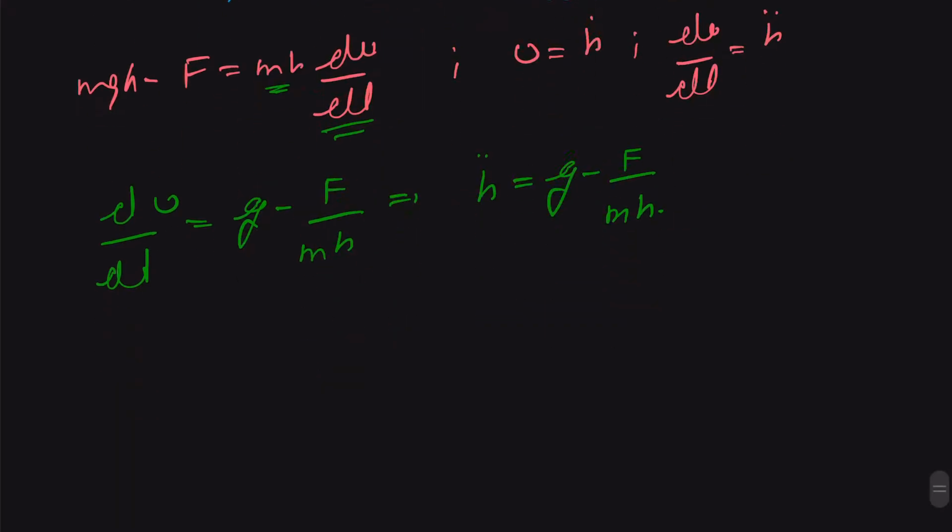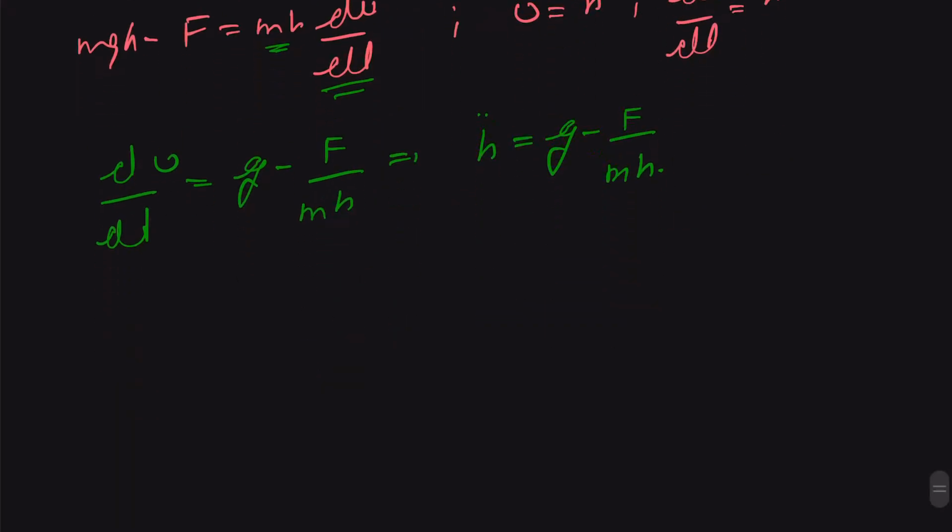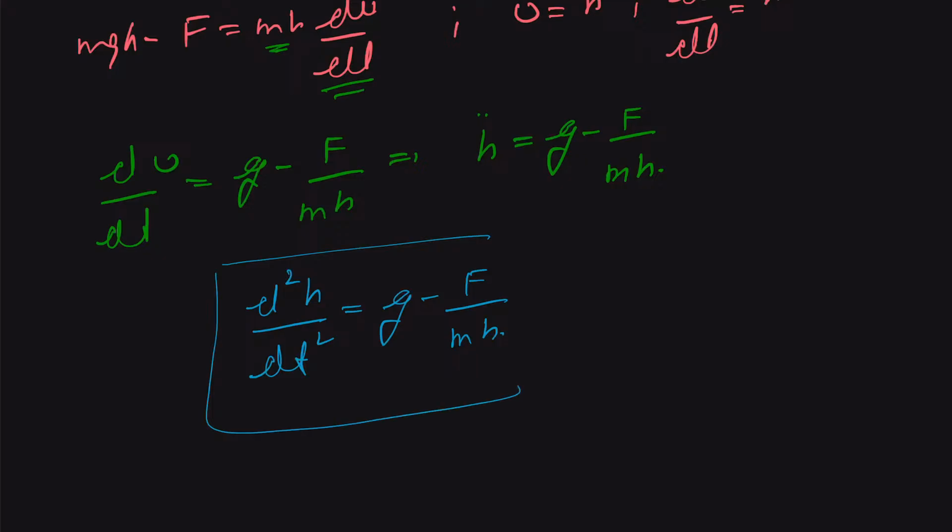Or we can also write it in the form of derivative, so the double derivative of h with respect to time is equal to g minus f upon mh. So this is the required equation of motion that was asked for.